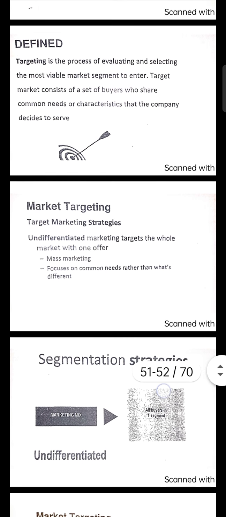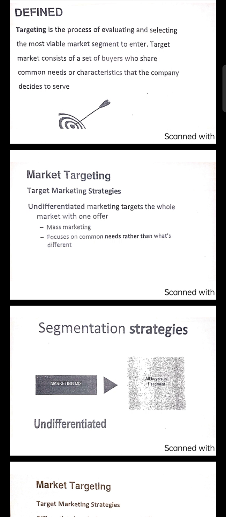So target market strategies: undifferentiated marketing targets the whole market with one offer. Mass marketing focuses on common needs rather than what's different. Undifferentiated marketing targets means you just focus on everyone, make it simple like that.